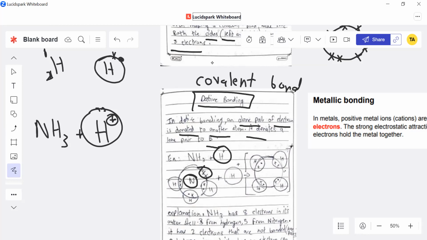Now, this lone pair would be donated to this hydrogen right here. So instead of nitrogen giving 1 electron to hydrogen, nitrogen will now give 2 electrons to hydrogen. And you will get this compound where this hydrogen will form a bond with nitrogen. You can see that this is the hydrogen that had no electrons initially, but now nitrogen gives 2 electrons to hydrogen and you get a dative bond.